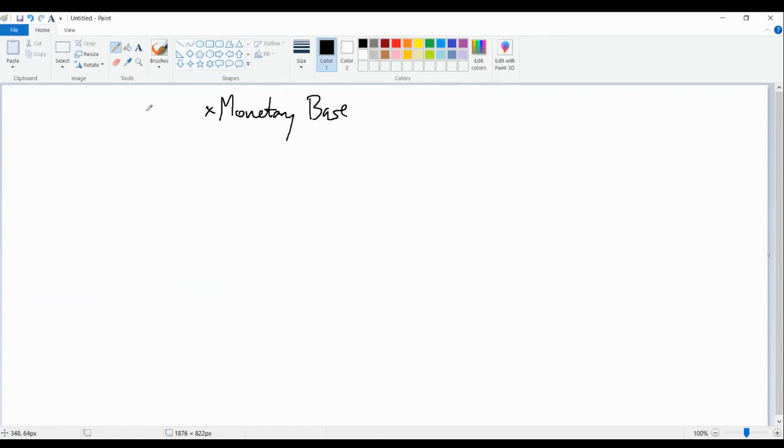And anytime you change the monetary base, you are changing the money supply. That's important because, of course, the Fed, anytime it changes any of these policy tools, is also changing the money supply.